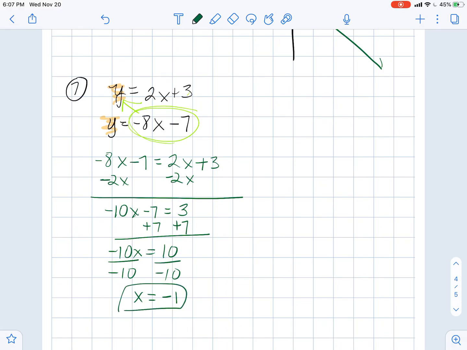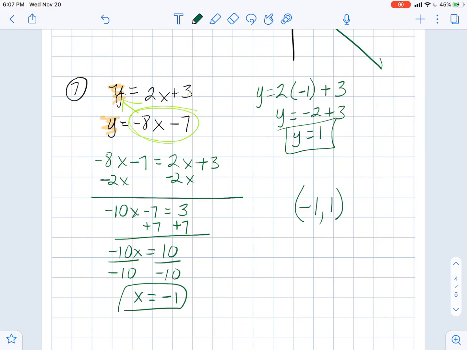Now remember, you've got to go back in and find your y, so you're not done. So y is 2 times your x plus 3, negative 2 plus 3, so y equals 1. And remember, we have to write our answer as a point. There's your final answer.